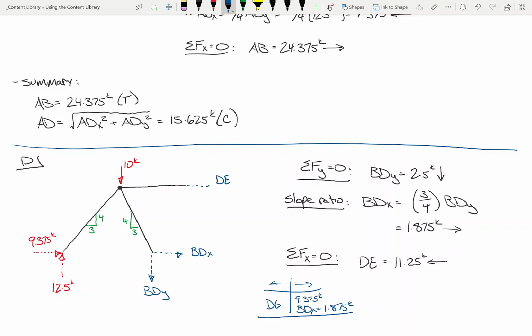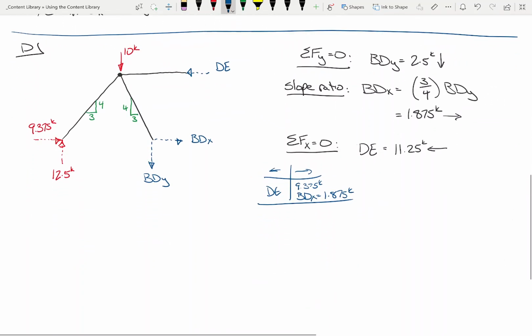And yes, that is going to the left. So let's put that like that. How do we solve for BD? Pythagorean theorem, right?